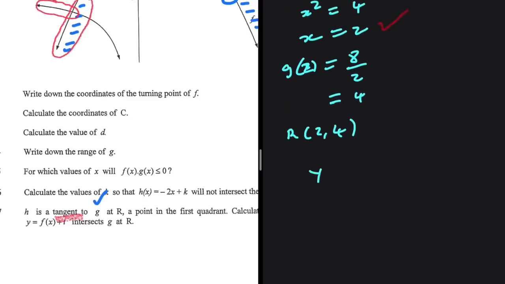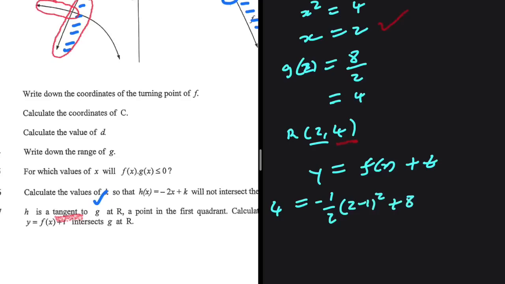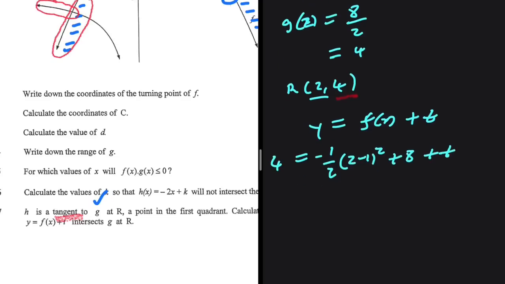We have y being equals to f of x plus t. But y at r is 4. So we're going to have 4 being equals to f of x. x is 2. So that will be minus 1 divided by 2, x minus 1 squared plus 8 plus t. So 4 is going to be equals to 2 minus 1 squared, that is 1.